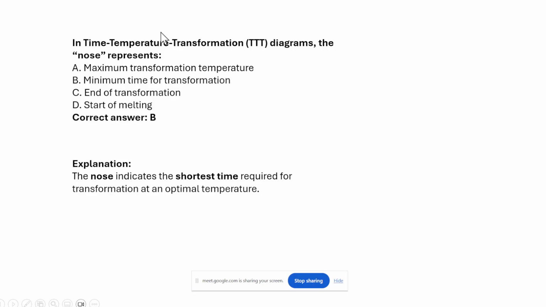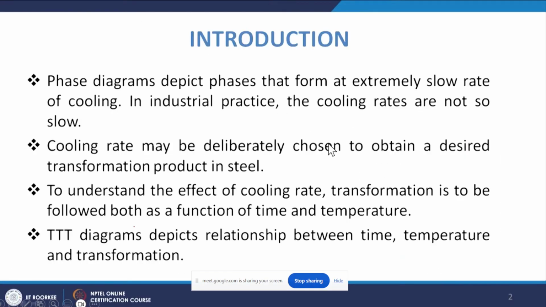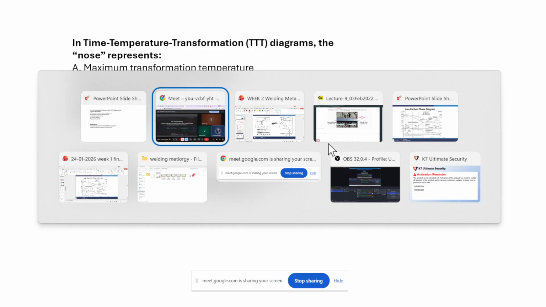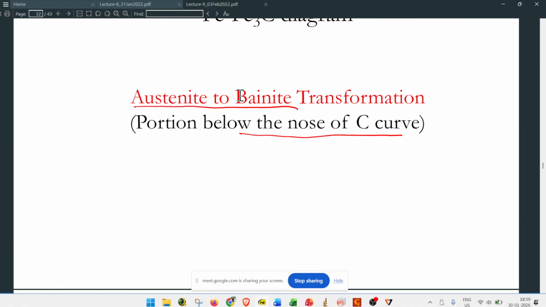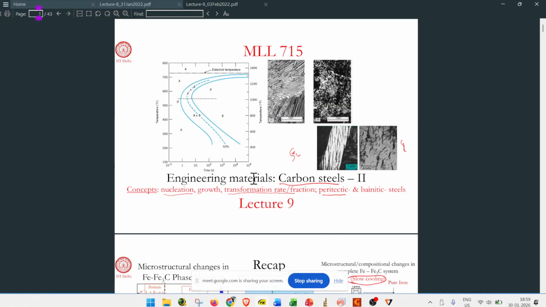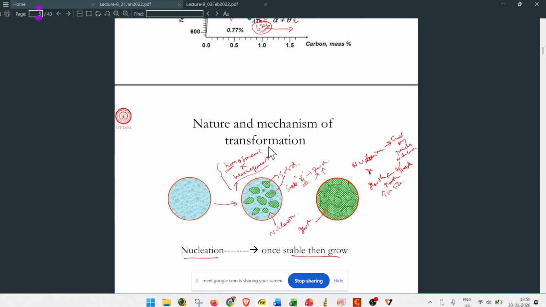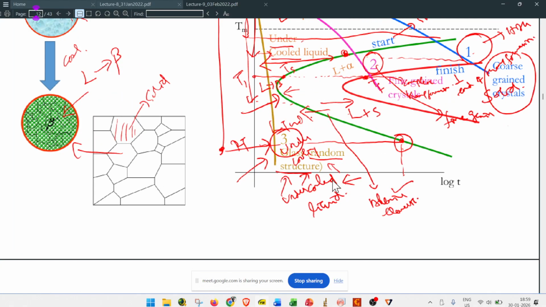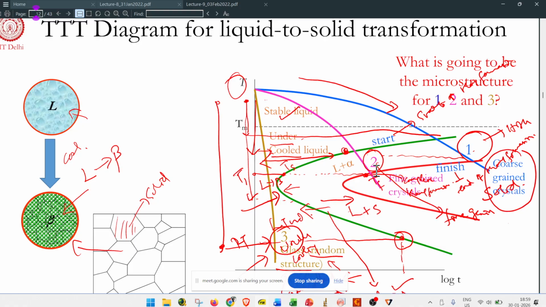So what will the maximum transformation temperature be?